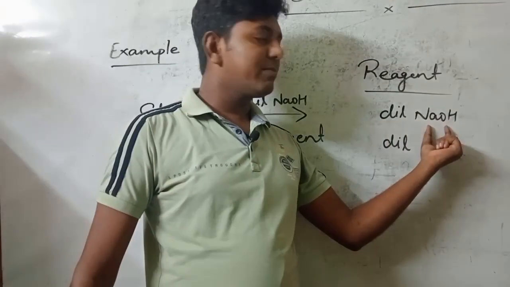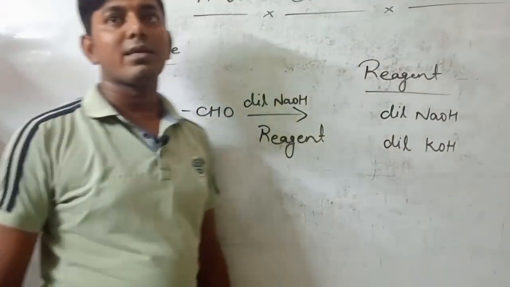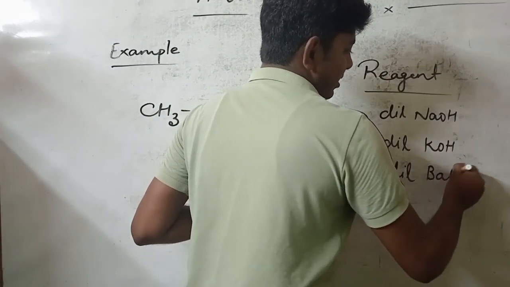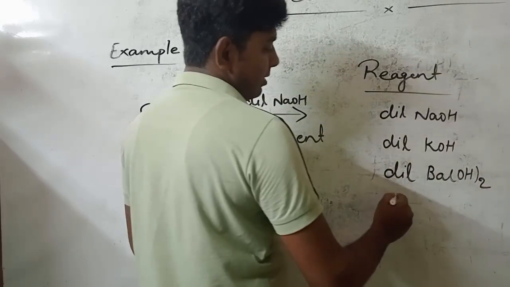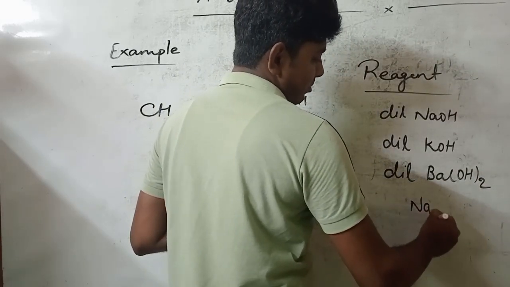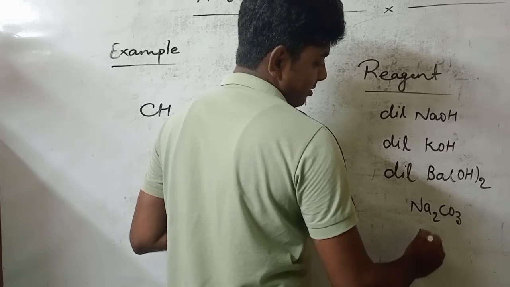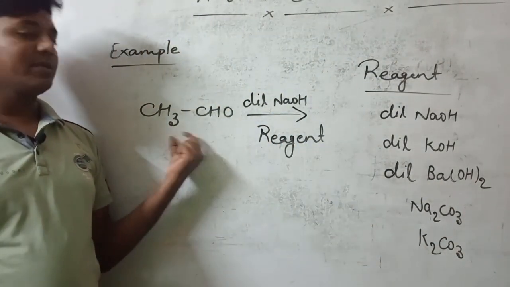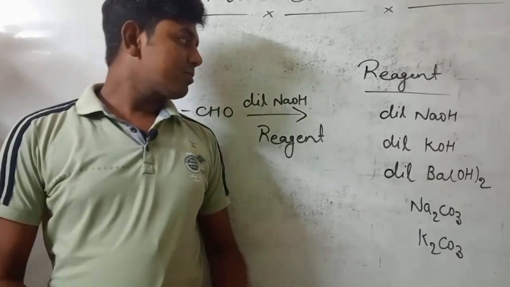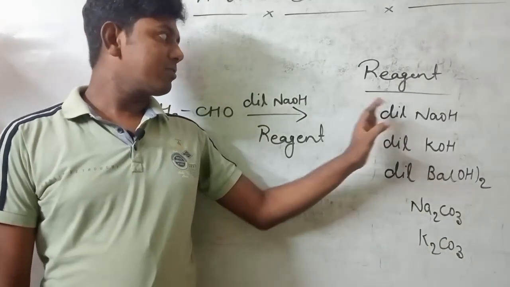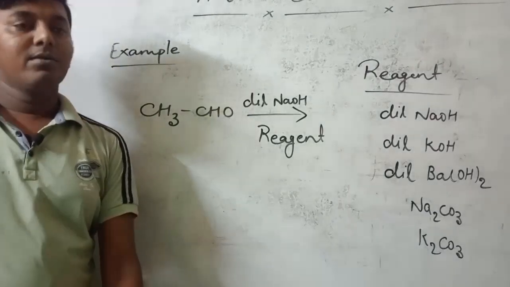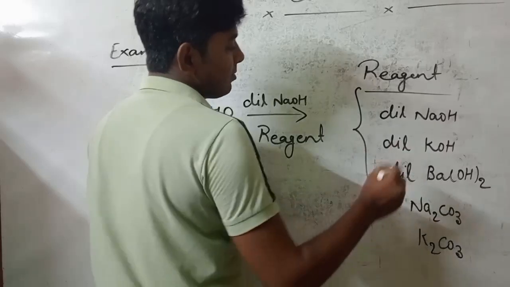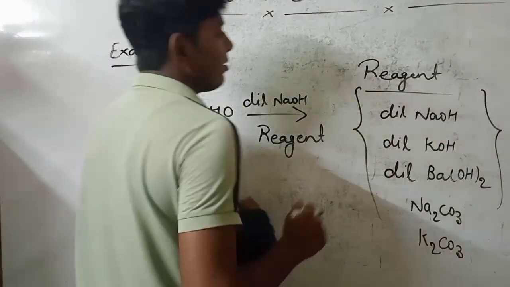So dilute sodium hydroxide, dilute potassium hydroxide, dilute barium hydroxide, or sodium carbonate, potassium carbonate. These are the reagents used for these reactions. So how does the reaction proceed? These are the important reagents.